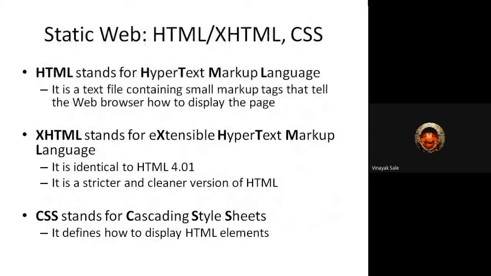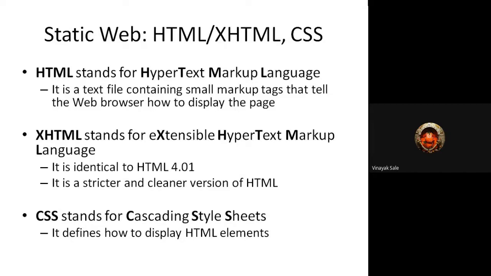Then static web, that is HTML, XHTML, CSS. HTML stands for Hypertext Markup Language. It is a text file containing small markup tags that tell the web browser how to display the page. For displaying the page, we use HTML, that is Hypertext Markup Language.